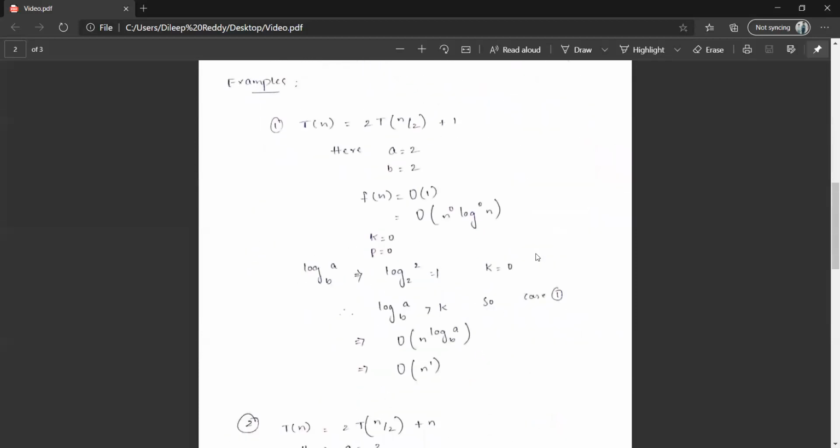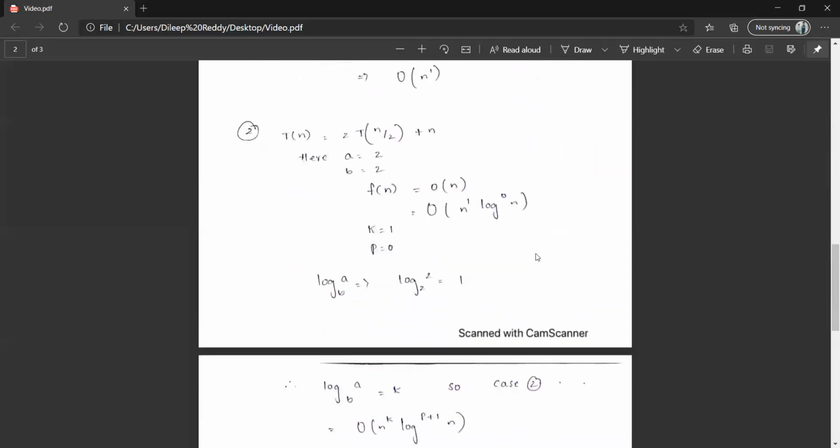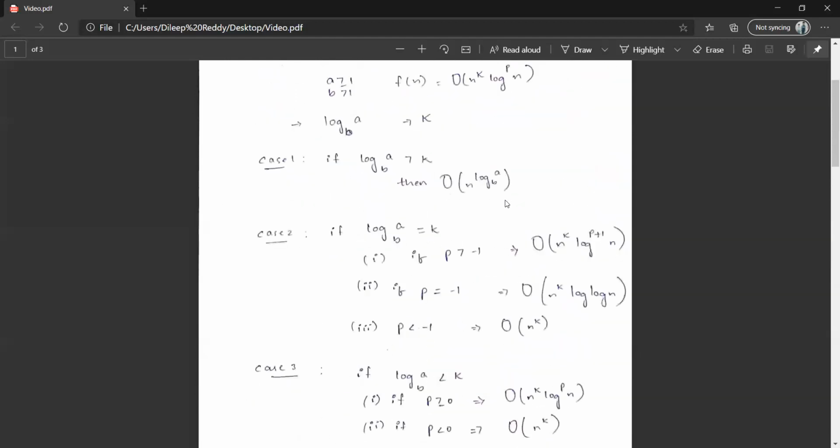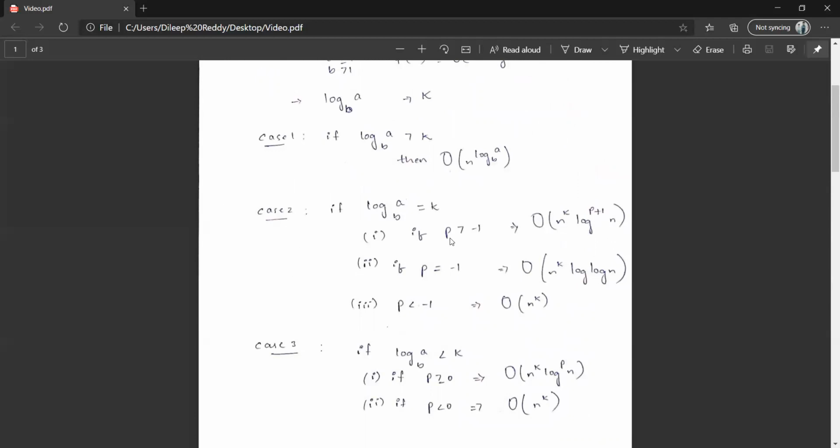So first we have to know what is the value of p. Here we can see the value of p is 0. 0 is definitely greater than -1, so we're going to use subcase 1, which is big O of n^k log^(p+1) n.